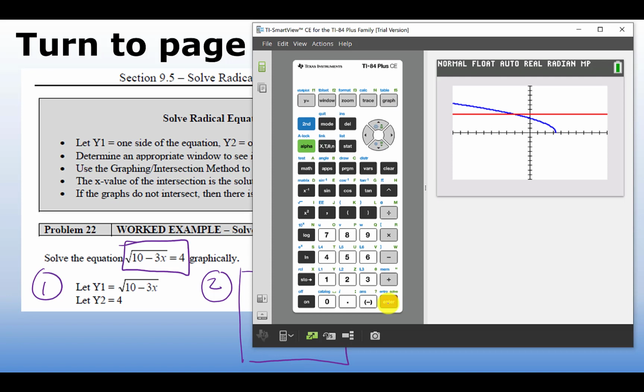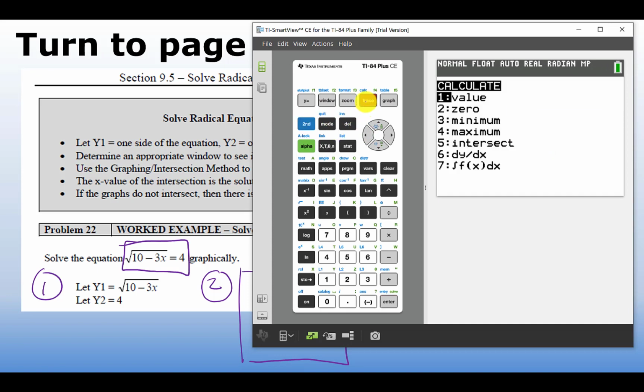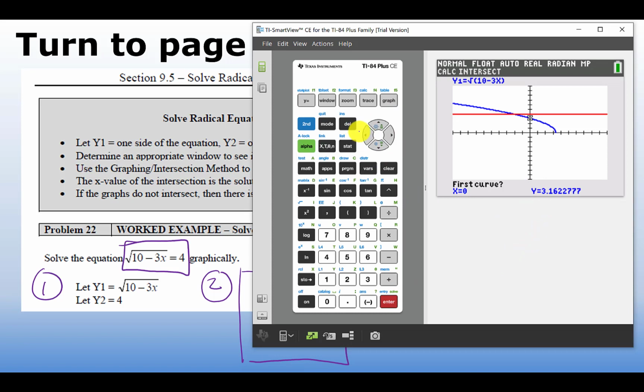All right, sure enough, it's showing everything we need. We're seeing the left side and the right side graphed, and they intersect. And you might recall that the calc command above the trace button will find that intersection point. So we go second, trace. That opens the calc menu, and number 5 is the intersect command. Now it's going to ask a few questions.